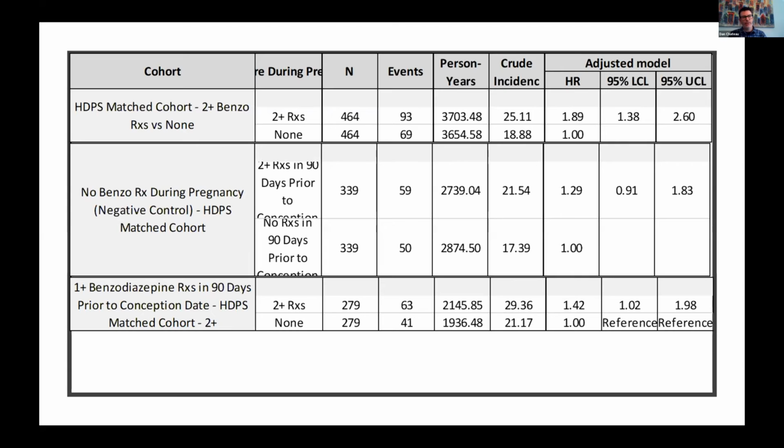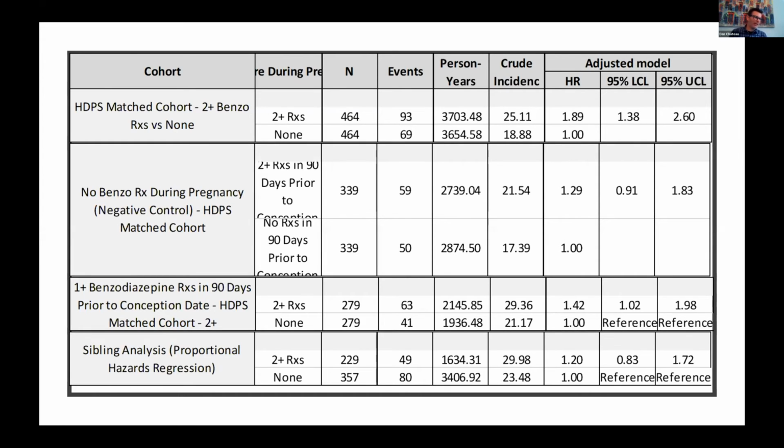In that group, you again see a significant relationship between the benzodiazepine exposure and the risk of ADHD in the offspring. It is attenuated. It's not as large as what we saw previously. So there's still some indication that maybe our 1.9 was a bit of an overestimate.